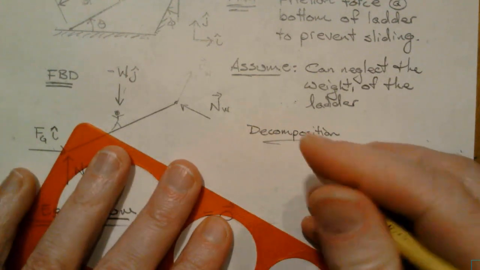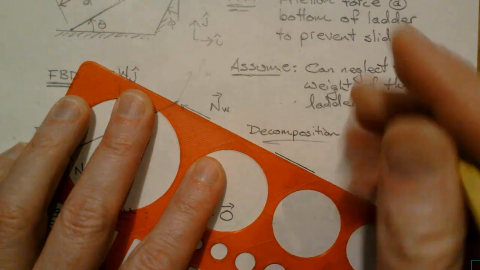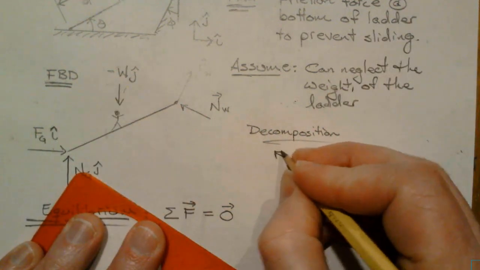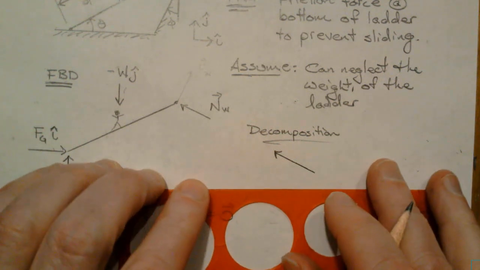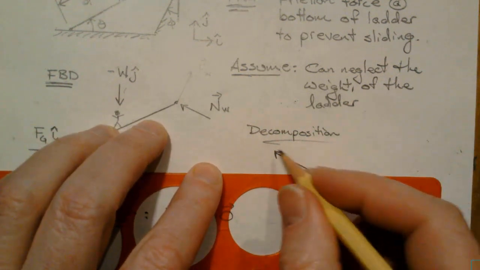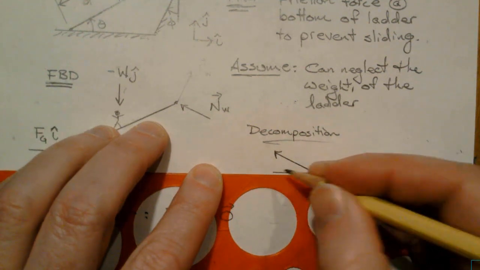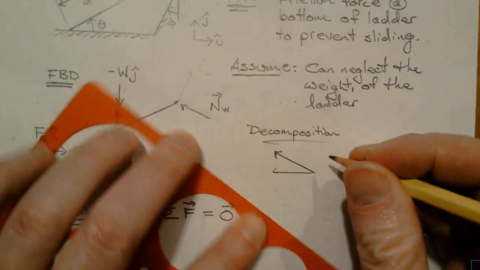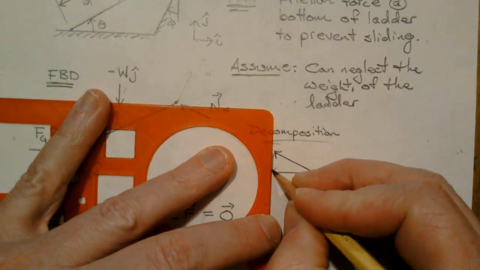So we take this vector, in this case it's a vector going this way, and we want to split it into horizontal and vertical pieces. So we want to write this vector right here as a vector sum, a sum of a vector this way plus a vector this way.